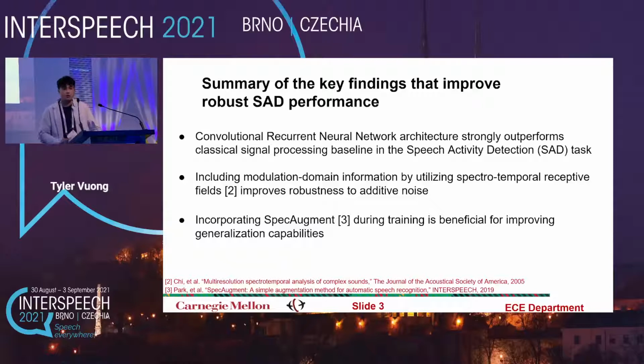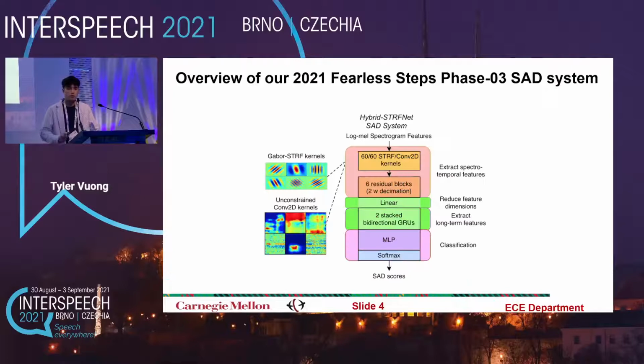Secondly, including modulation domain information by utilizing spectro-temporal receptive fields improves robustness to additive noise. And last but definitely not least, using SpecAugment during training is very beneficial for improving generalization capabilities. I think it's been used a lot in ASR, and we found that it actually helps a lot for speech activity detection as well.